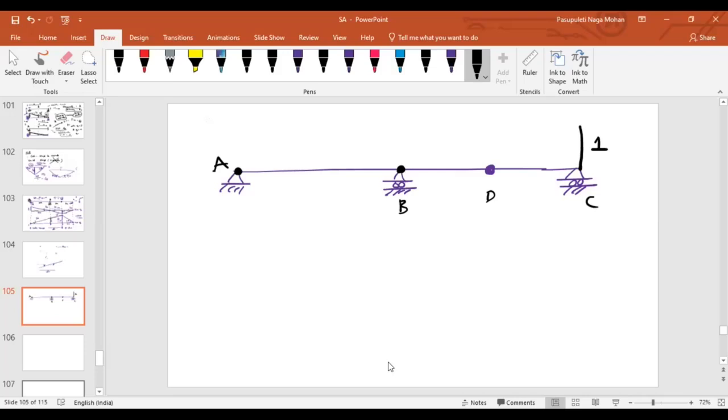Try to lift your fingers in the upward direction. How are you going to see the deflected shape? Imagine this is the shoulder, this is the in-between joint, and this is the free hand side with the fingers, and try to lift it in the upward direction. Tell me how it is going to deflect.